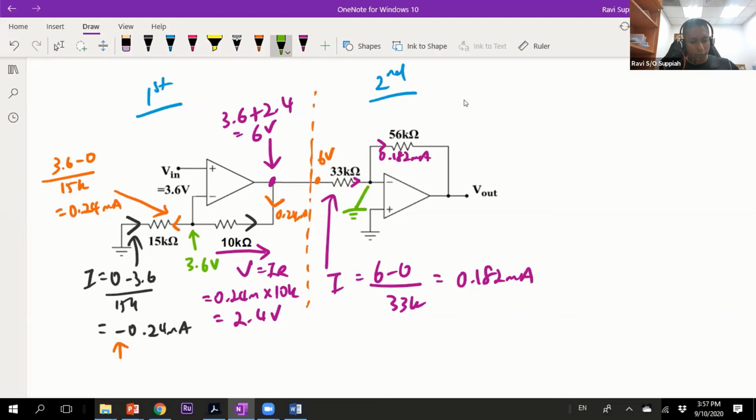So the V out. If I look at the same analysis on this side, for this branch, it will be 0 minus V out over 56k, which will give me 0.182 milliampere.